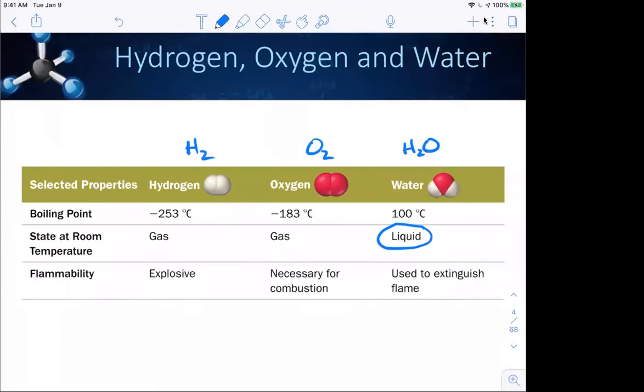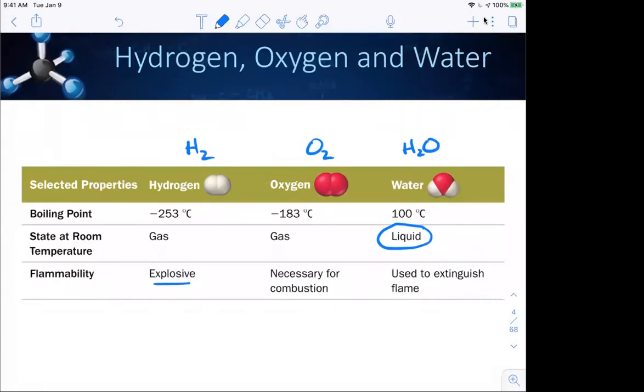Anything above 100 degrees Celsius for water will be the gas form. That's the boiling point, that transition between liquids to gases. So anything below 100 degrees and above 0 degrees, which is the melting point, means I'll be in the liquid phase.